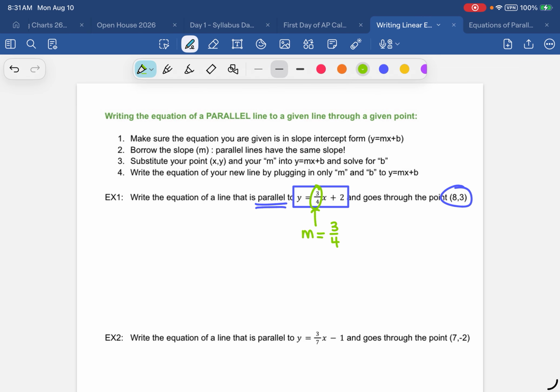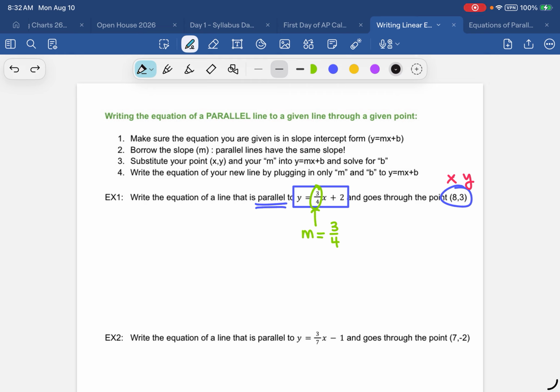Well, now that we have m and our x and y that our line needs to go through, we can do kind of like we just did earlier, where we're going to plug in the slope and an x and a y into slope-intercept form so that we can solve for b and find our y-intercept, because remember, this y-intercept here is for a different line. We don't care about that one's y-intercept at all.